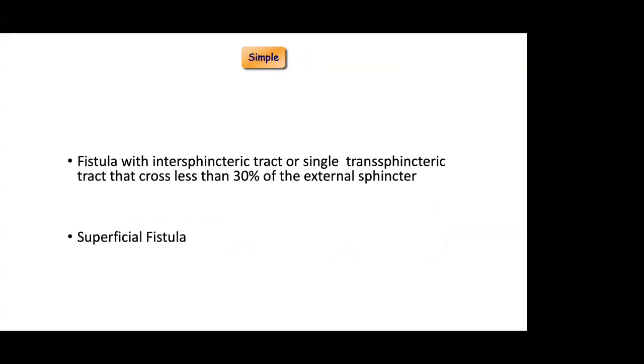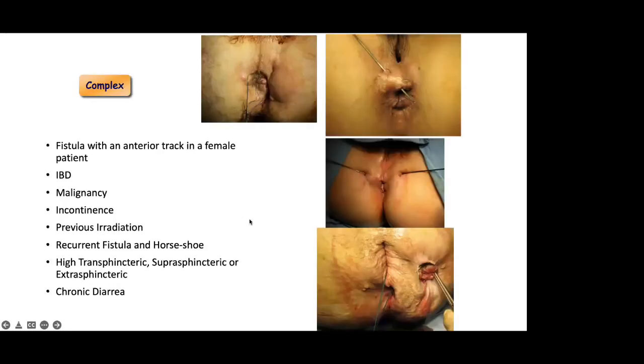Simple fistulas are intersphincteric fistulas, or transsphincteric fistulas in which the external sphincter is involved less than 30%, or submucosal, so superficial, fistulas. Conversely, complex fistulas are the ones that require really challenging treatment, not a fistulotomy, but probably a two-step treatment at least, even if normally we must perform at least 3 treatments for patients in this case.